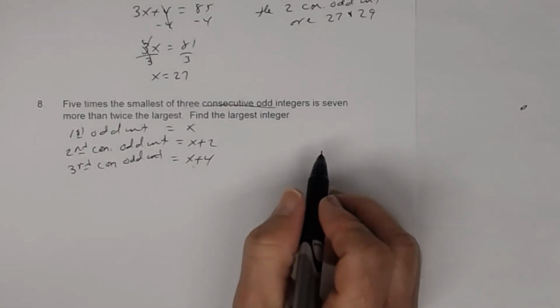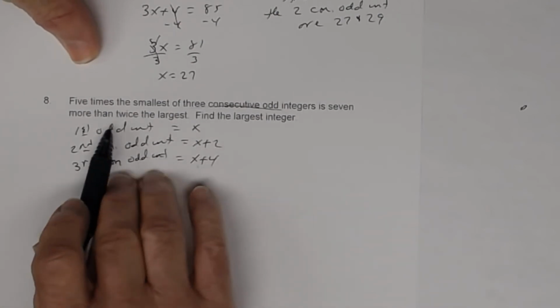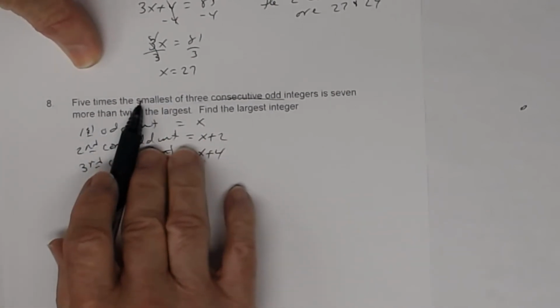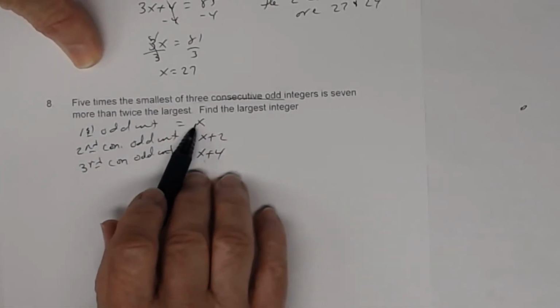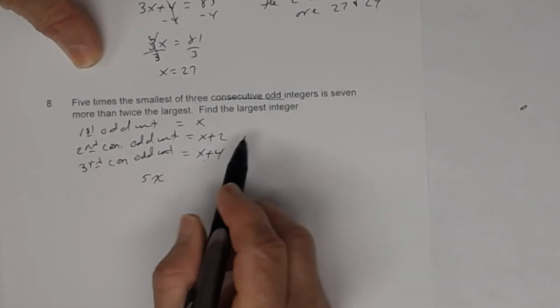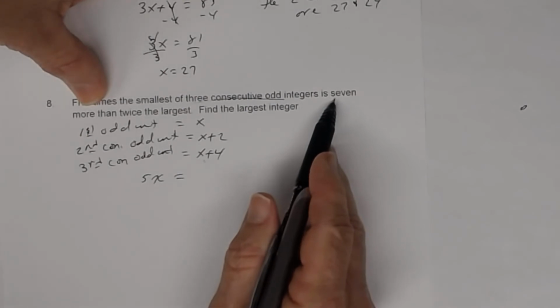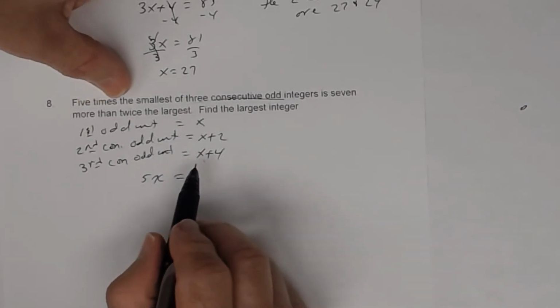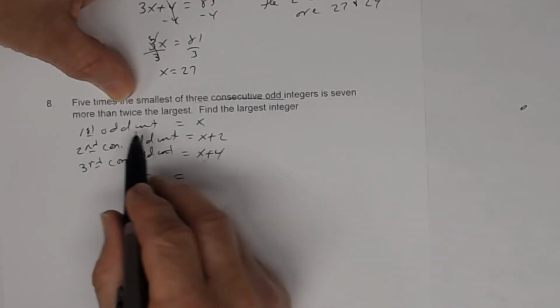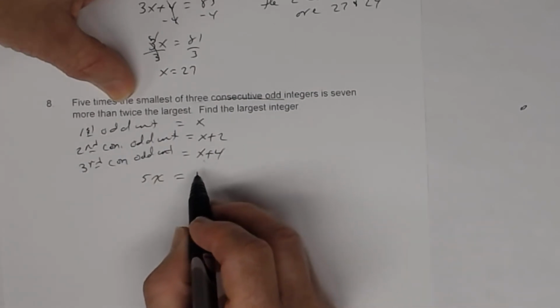All right, now let's write down our equation. This is what it says. 5 times the smallest. Well, which one's the smallest? This one. So 5 times the smallest is equal 7 more than twice the largest. So which one's the largest? X plus 4. What do I do to the x plus 4? I multiply by 2.